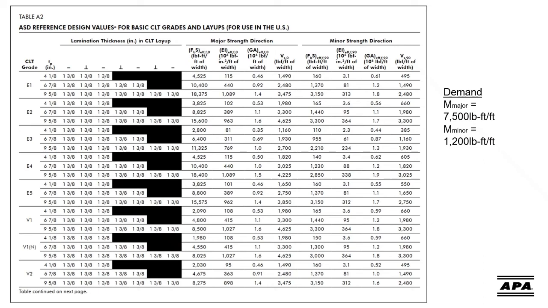And let's say all other adjustment factors are also equal to 1.0, so the reference moment capacity equals the adjusted moment capacity. However, this is not always the case, so do not forget to check the adjustment factors. From here, I can go into the table and see, based on bending capacity, there are two panels here that would efficiently meet the demand.